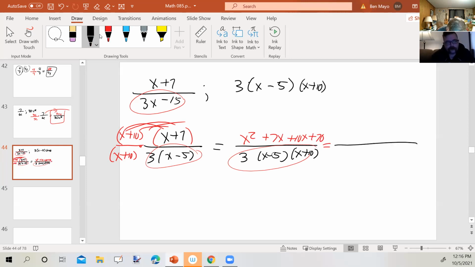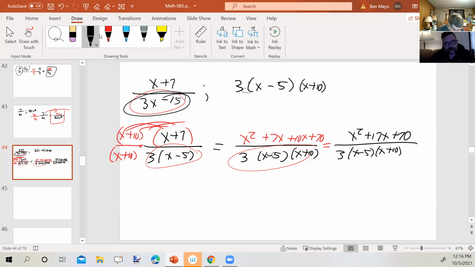So I'm going to get x squared plus 17x plus 70 over 3 times x minus 5 times x plus 10. Okay, but I had to factor this out so I could see what was missing and what I needed. Or same thing, what's missing, therefore what I need.